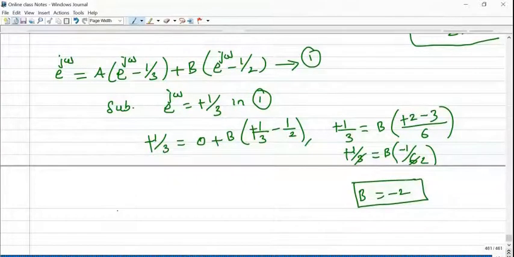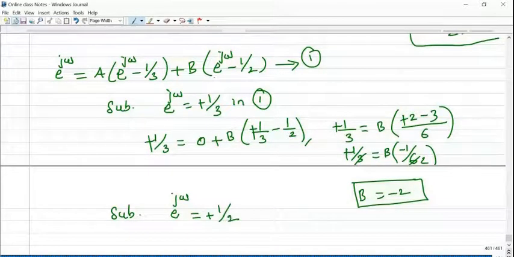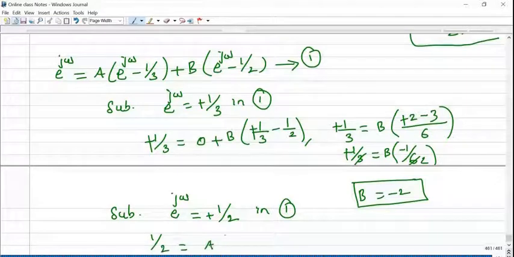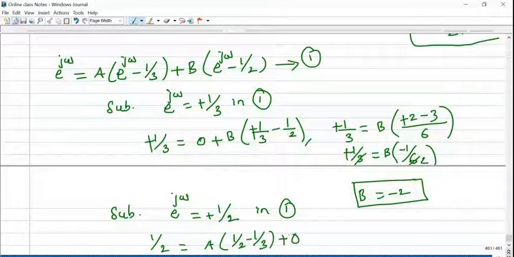Okay. So similarly, substitute e power j omega equal to plus 1 by 2, so that b value will be 0. We can find a value. In equation number 1, 1 by 2 equal to a times 1 by 2 minus 1 by 3 plus 0.